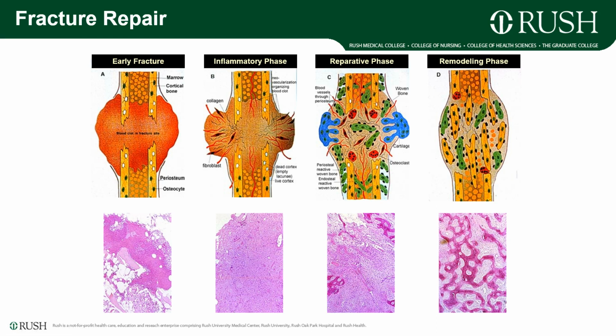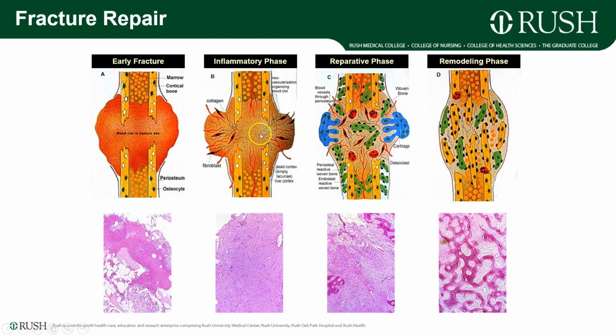Before we leave this section, just to cover ourselves, let's say how bone heals itself. As I mentioned before, bone has a very high potential for healing, and it happens again in very organized stages. When bone fractures, in early stages there's damage to the blood vessels, and a hematoma forms in this area where the fracture is.